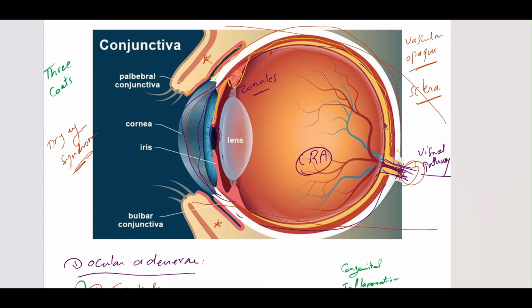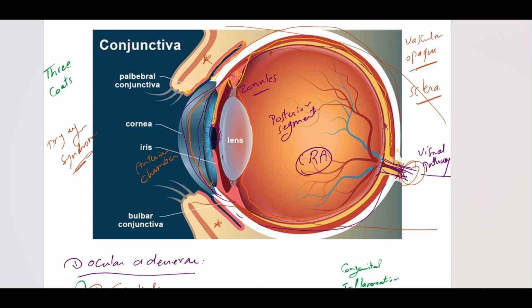So what's inside these cavities? Let me tell you. First, from the posterior surface of the cornea to the anterior surface of the iris, this is called the anterior chamber. And from the posterior surface of the lens to the anterior surface of the retina, this is called the posterior segment.